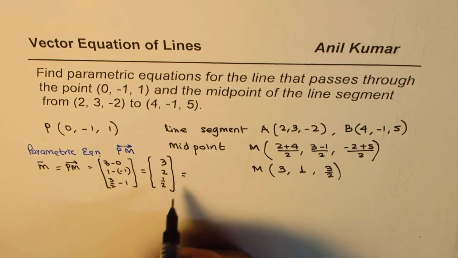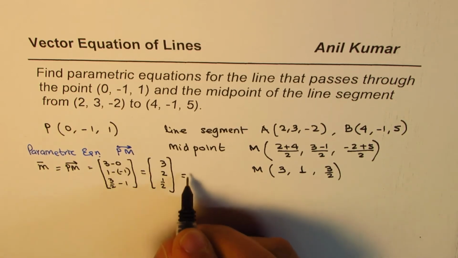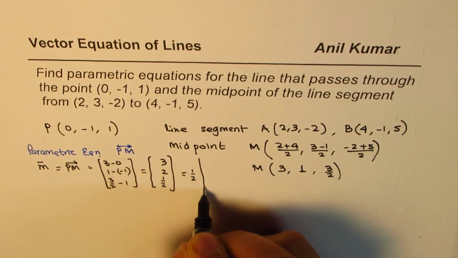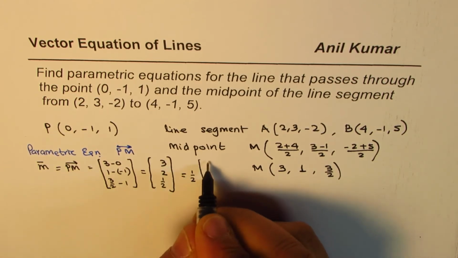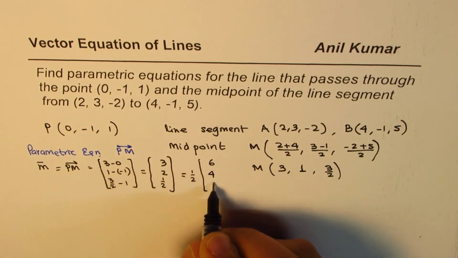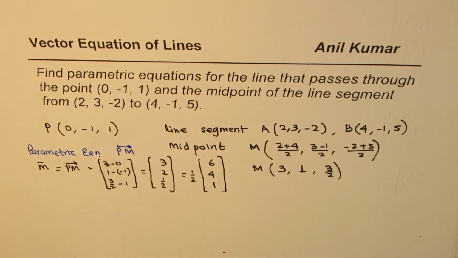Now it is good practice to avoid writing such fractions, so we could take half outside. We could write the same direction by multiplying each by 2 as (6, 4, 1). You get an idea, right? So that becomes the direction.